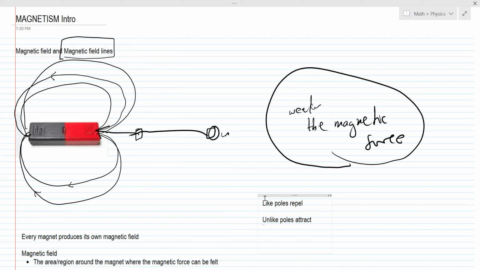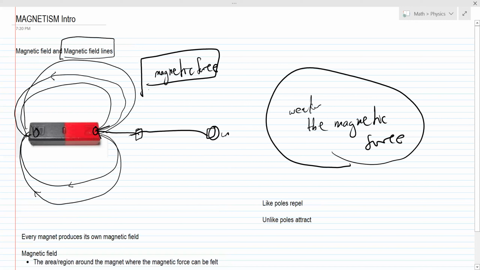Another thing that you should note is that the magnetic force is stronger as you get closer to the poles. As you get closer to either of the poles, it could be the South Pole or the North Pole, the magnetic force gets stronger.